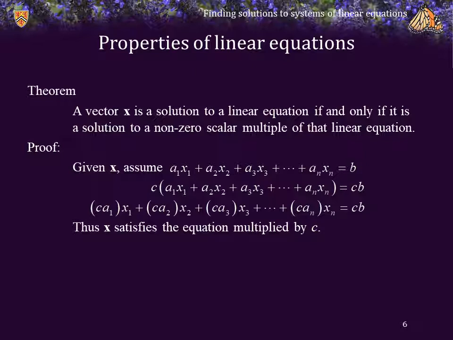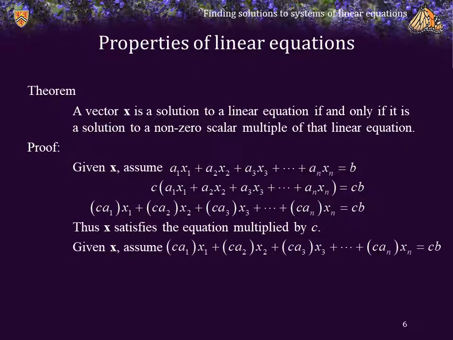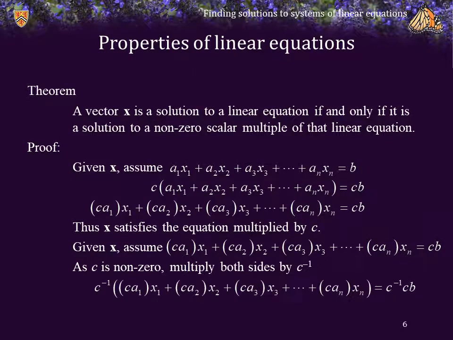Now, going the other way, assume x satisfies this linear equation. Well, we assumed that c was not 0, and therefore c has a multiplicative inverse. So let us multiply both sides of that equation by that multiplicative inverse. Now, on the right-hand side, you can see immediately that c inverse times c is equal to 1, and 1 times b is equal to b.